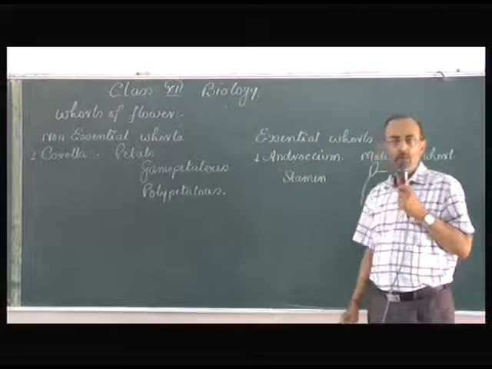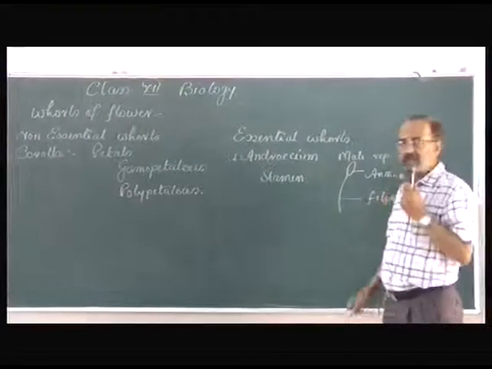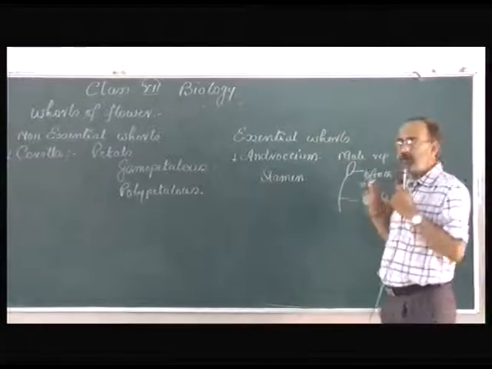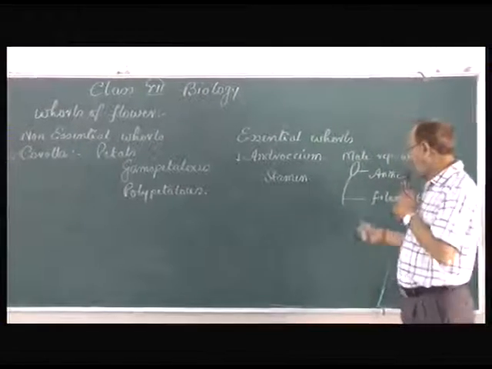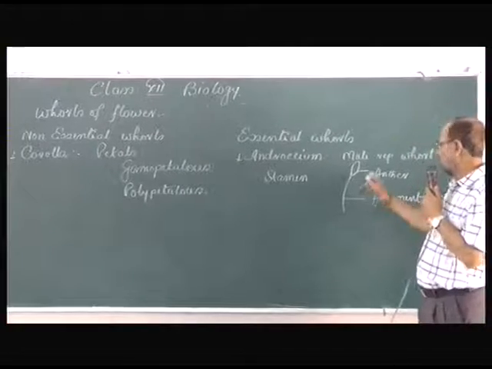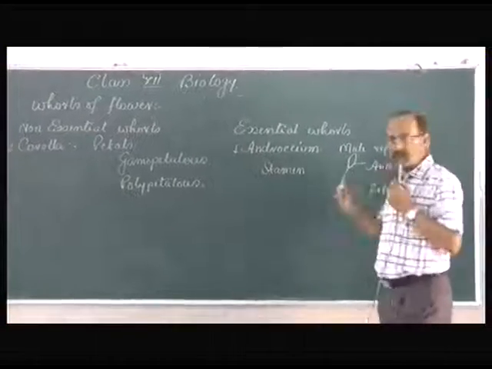The male reproductive whorl of the flower is known as androecium. The unit structure of the androecium is called stamen. The stamen consists of two parts. One long stalk-like structure which is known as filament, and at the upper portion of the filament there is a sac-like structure which is known as the anther.